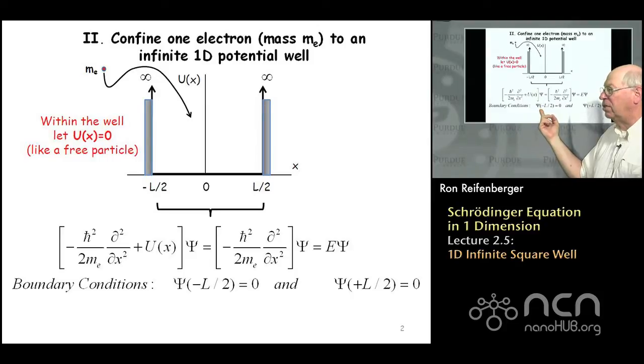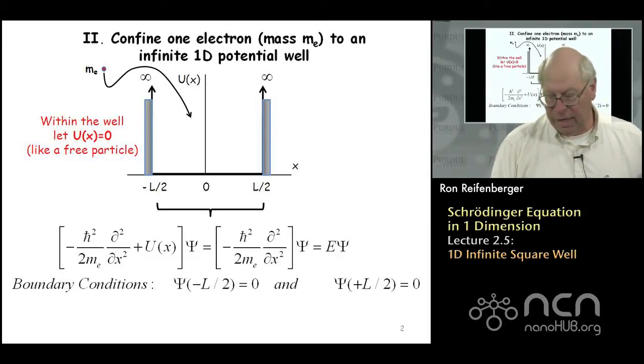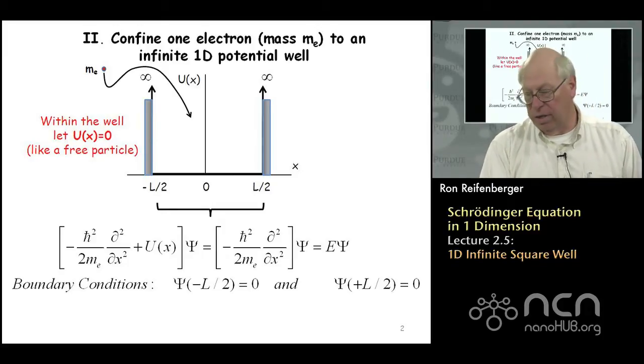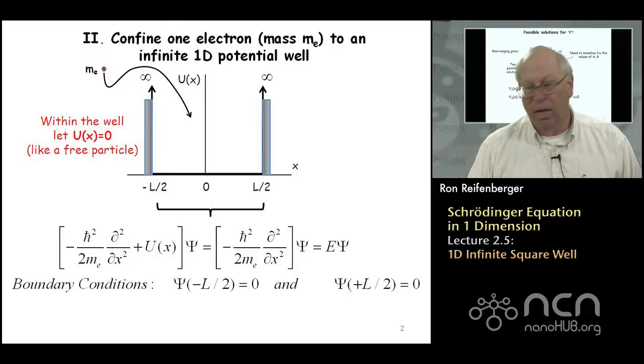So the boundary conditions for the wave functions have to be that the wave functions vanish at x equals plus L/2 and x equals minus L/2. And so those are 2 important conditions that have to be met for the wave function in this particular problem.